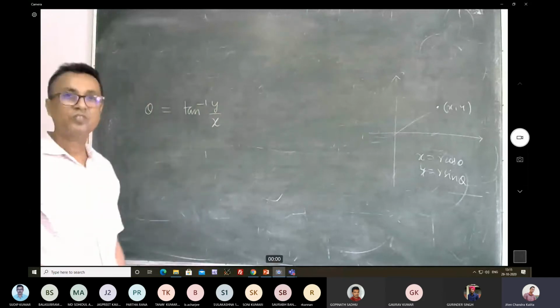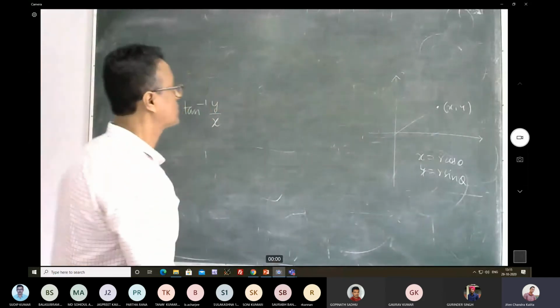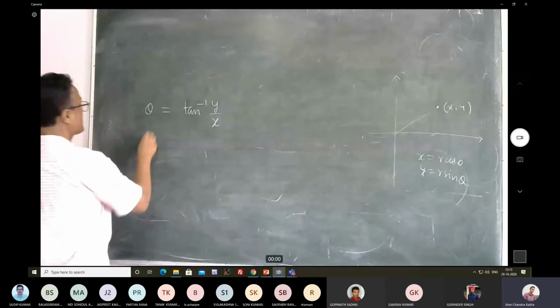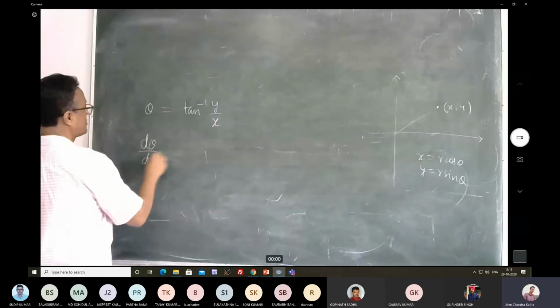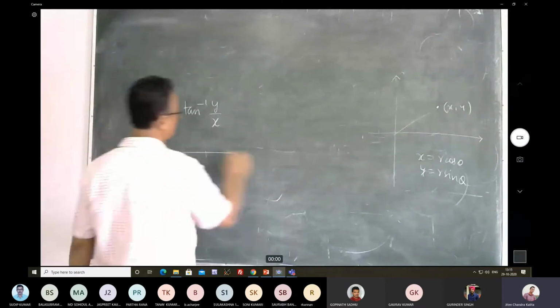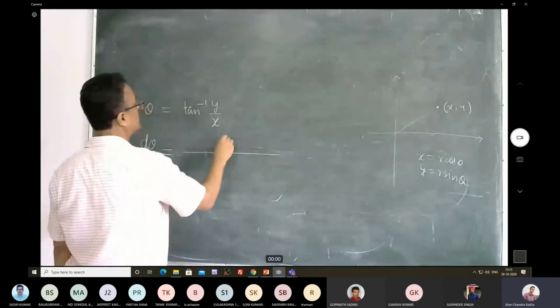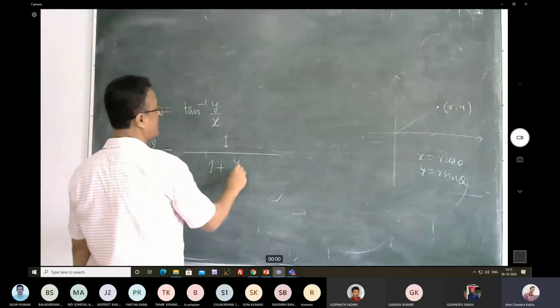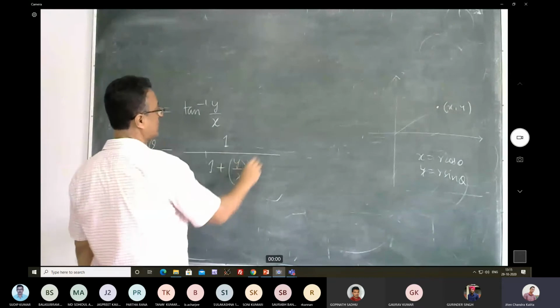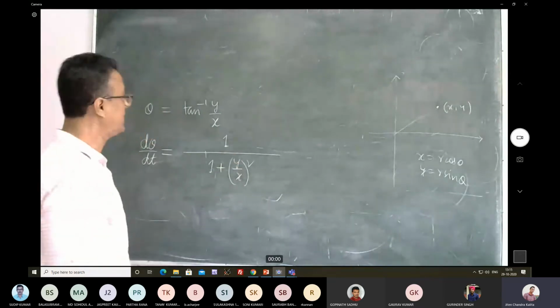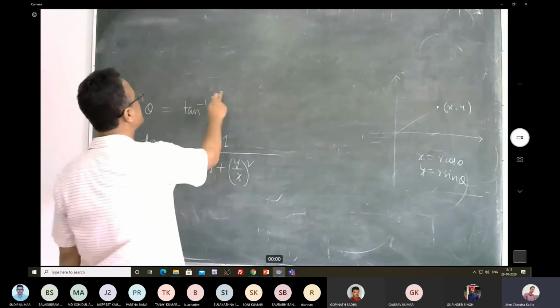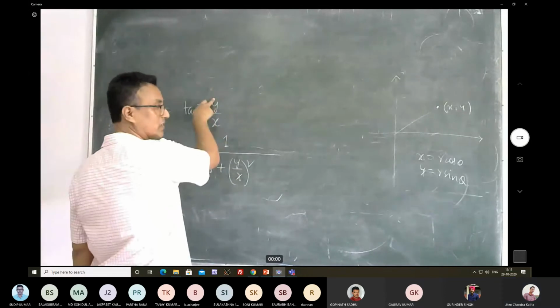Is it okay? Now, if I want to find d theta dt from this expression, firstly, what is going to happen? 1 by 1 plus y by x squared, right? Okay. Then again, d dt of this. Is it okay?